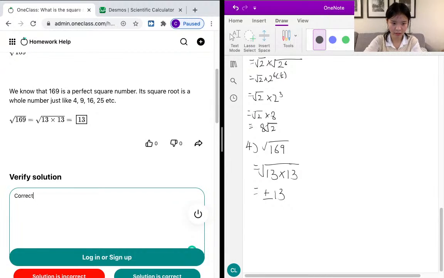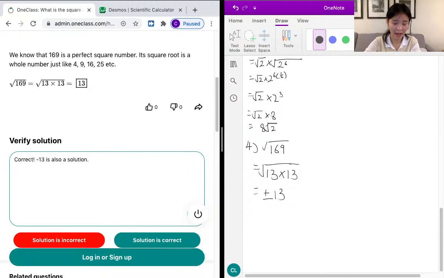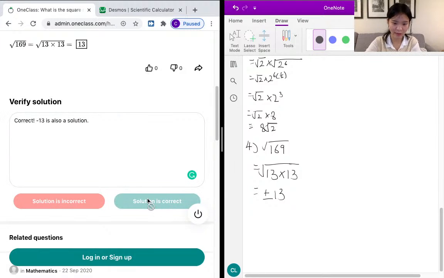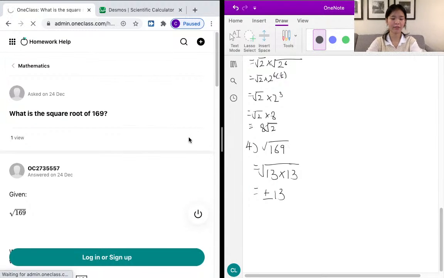I'll just say correct, although they didn't mention negative 13. It's also a solution, but it depends on who you ask or which level of schooling you're asking.